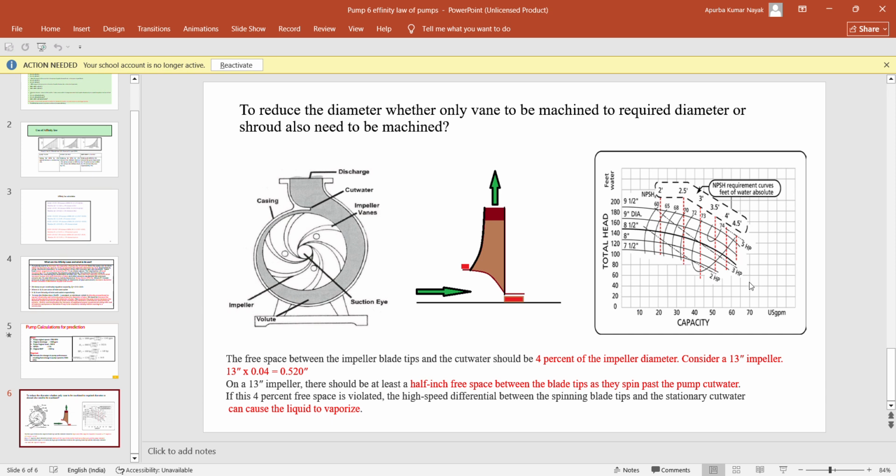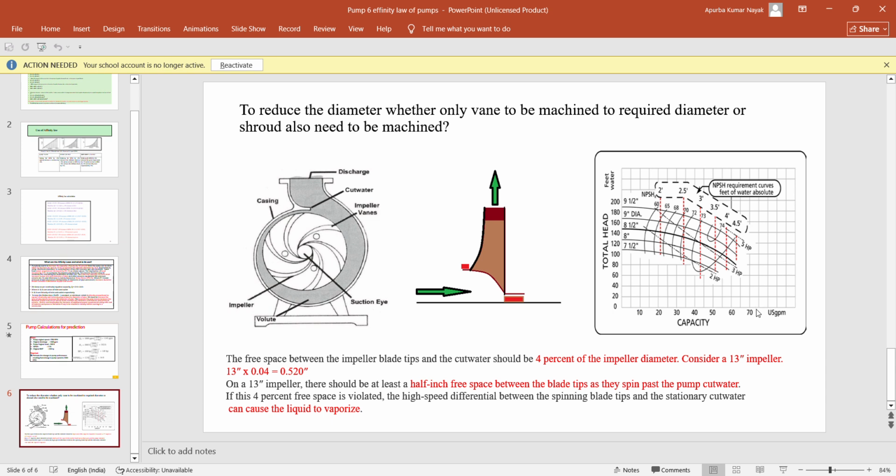So our aim shall be to choose an impeller which is very close to where your best efficiency point is, 74%. Suppose your requirement is 50, then your diameter should be how much? Around 160, and your NPSH requirement should be how much? 3.5 feet. Like this, if you get this curve, you can calculate your selection.